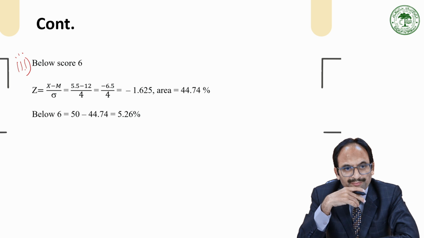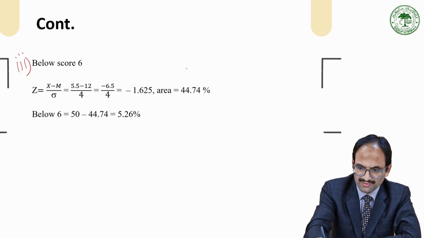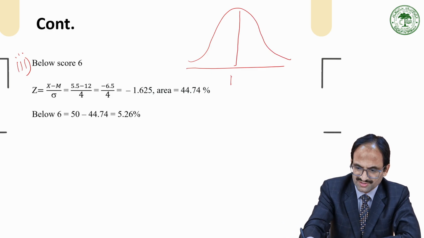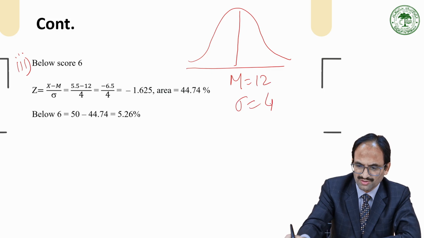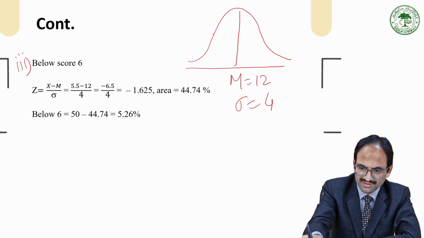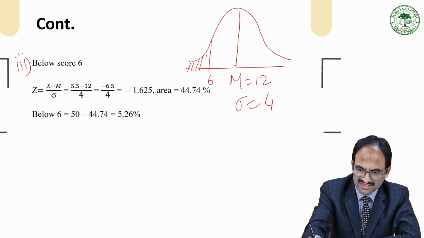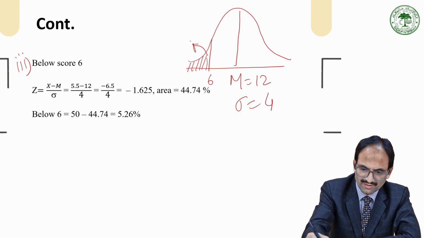That is, below score 6. Now draw a normal probability curve. So this is mean 12, sigma is equal to 4. Locate 6, and below 6 is this area.